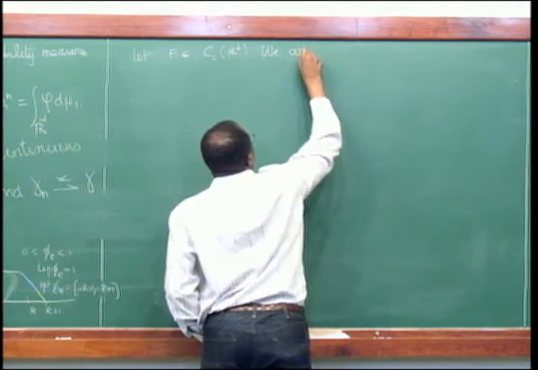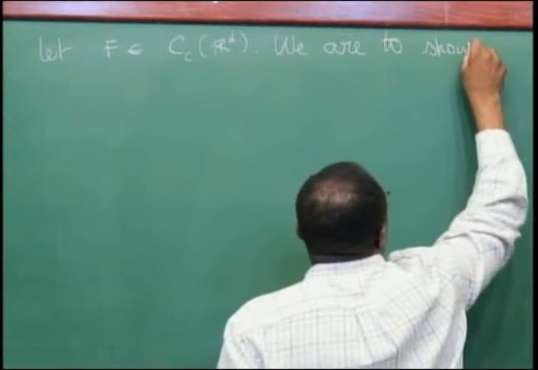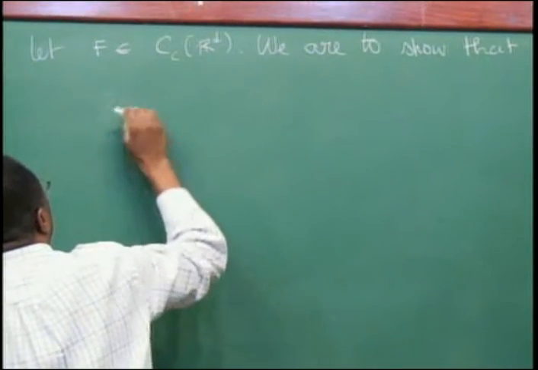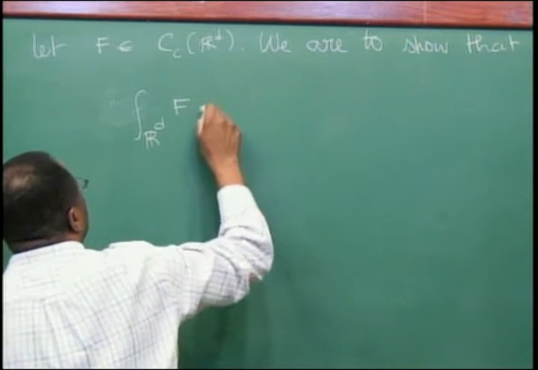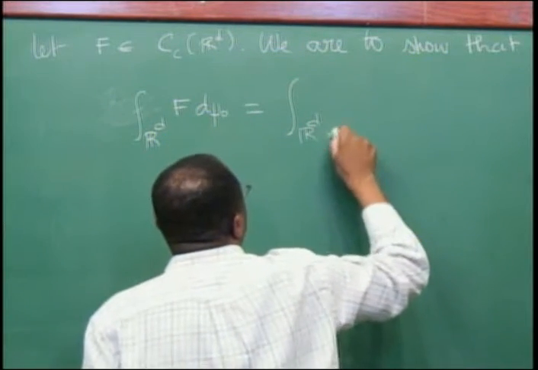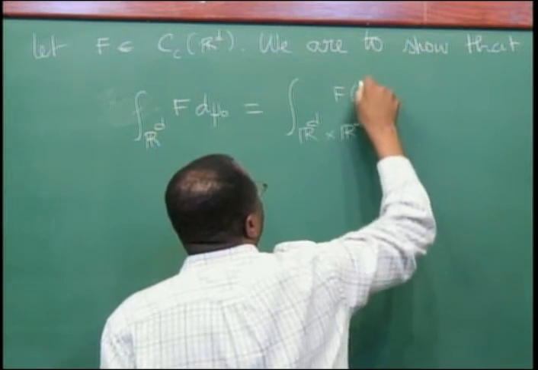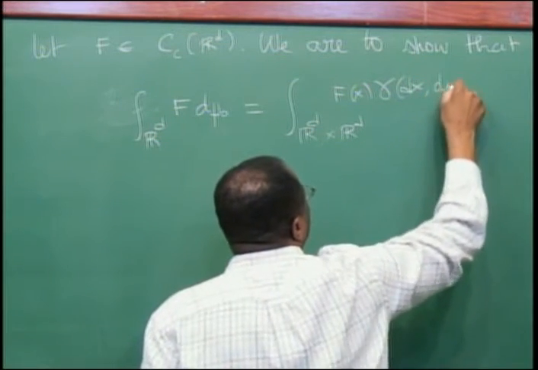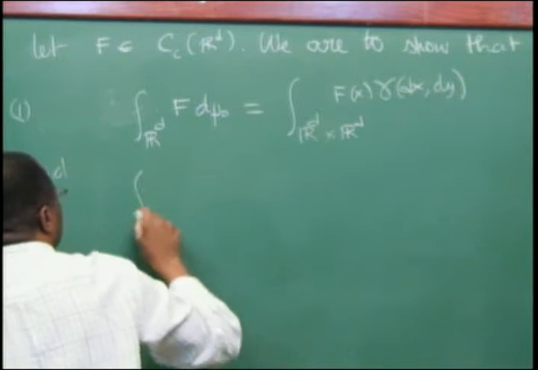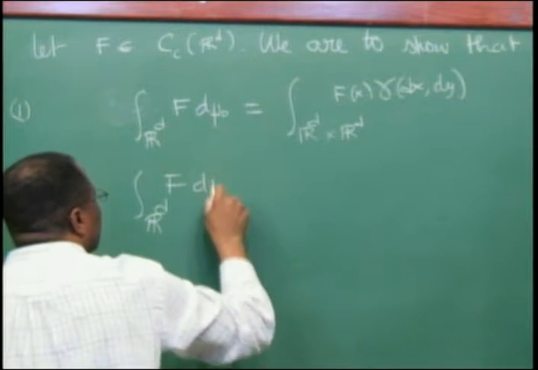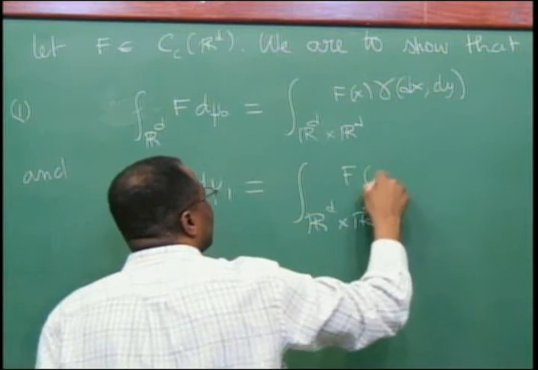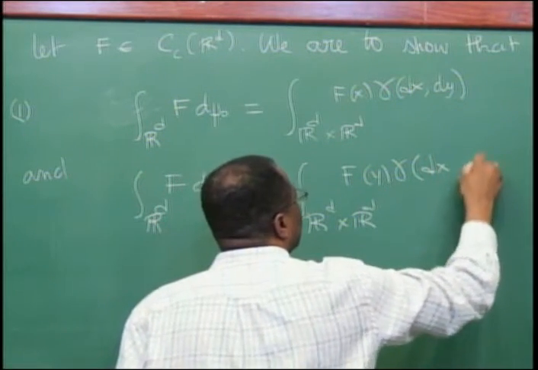We have to show that the limit, when n goes to infinity, the integral over Rd of f d mu naught n is the integral over Rd cross Rd of f of x gamma dx dy, and call this 1, and the integral over Rd of f d mu 1 n is the integral over Rd cross Rd of f of y gamma dx dy.